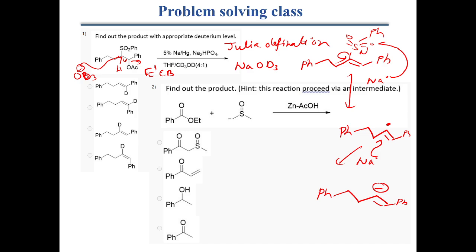Now this anion can be quenched by the CD3OD proton, CD3O. This will react with this, so the deuterium label happens here.